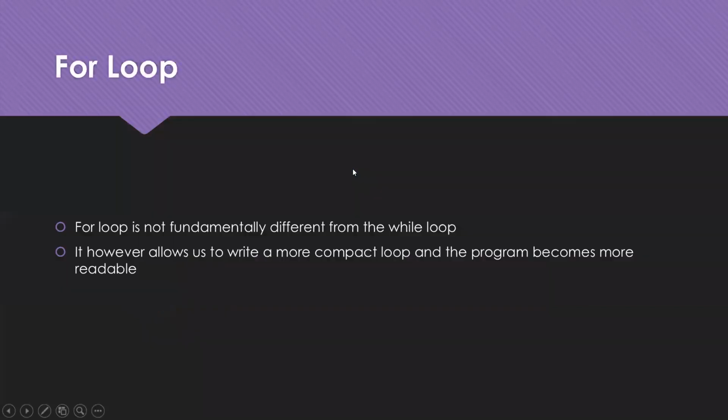So first of all, the for loop is not fundamentally different from the while loop. It, however, allows us to write a more compact loop and the program becomes more readable. The for loop was created just so that the while loop does not become a bit like spaghetti code. There's too much going on before the while loop and during the while loop.